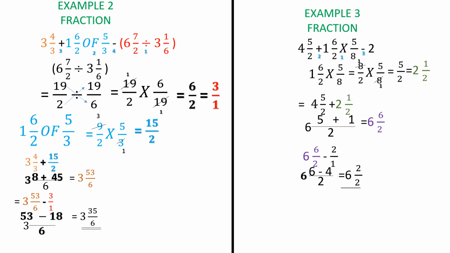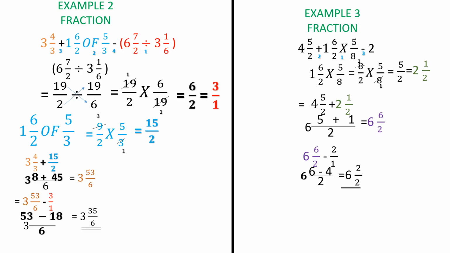Now when you look at the answer for multiplication, you see that something has changed from what we had. We had 5 over 2, but remember in fraction, don't allow your answer in an improper fraction. Always try to convert it to a mixed fraction. So when we convert 5 over 2, we are going to have 2 whole number 1 over 2.